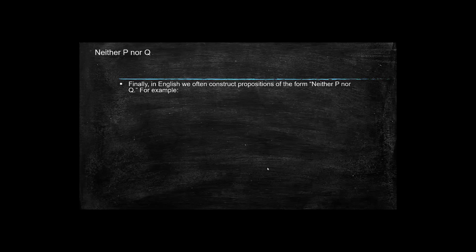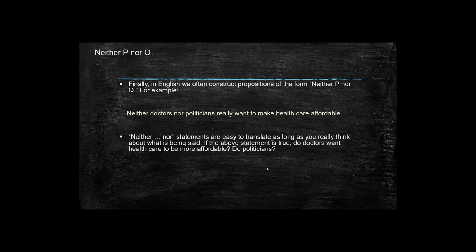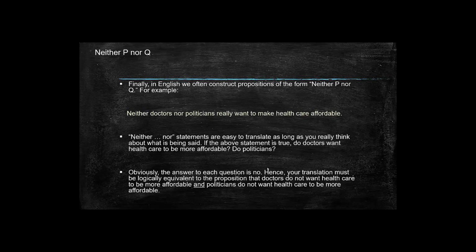Finally, in English, we often construct propositions of the form neither P nor Q. For example, neither doctors nor politicians really want to make healthcare affordable. Neither nor statements are easy to translate as long as you really think about what is being said. If the above statement is true, do doctors want healthcare to be more affordable? Do politicians?